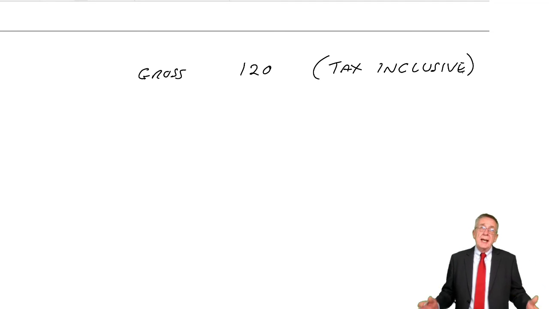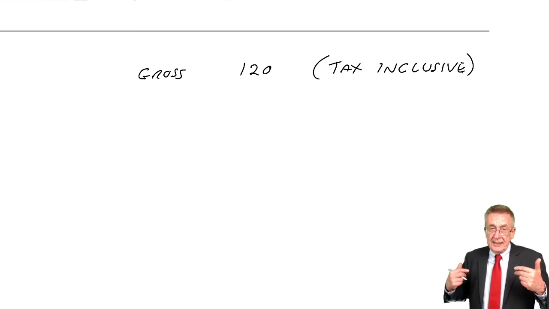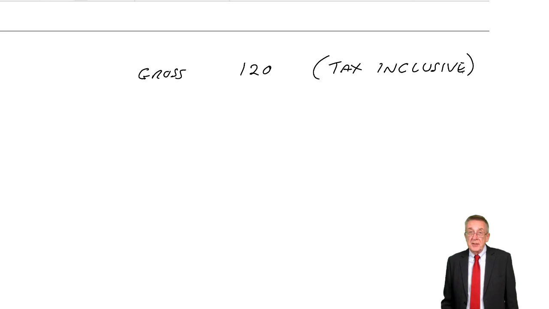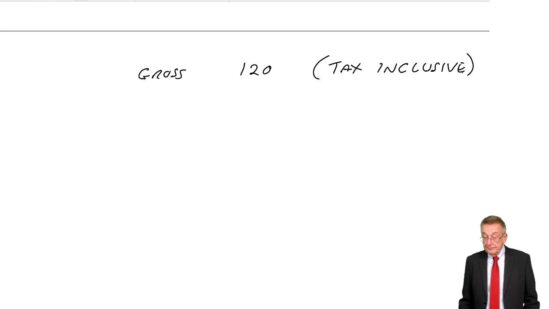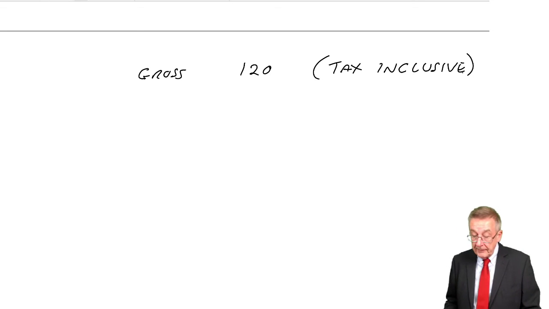Now, some people find this terribly easy. Some people find it takes practice. I'll do it slowly for everybody's benefit. But it's really, if you like, a simple bit of algebra.